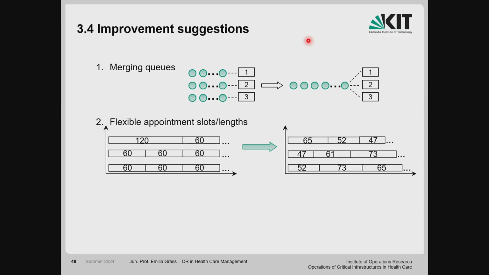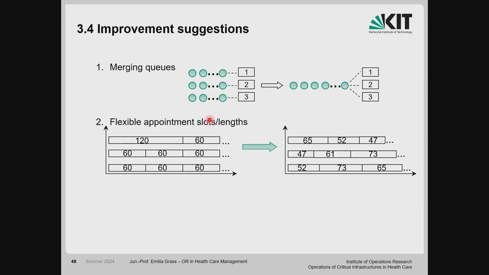Okay. Then what they also suggested was not to have fixed slots of 60 or 120 minutes, but rather flexible time lengths based on the patient characteristics. So it doesn't have to be 47 minutes, it can be 40, 50, in 10 minute time slots, that's fine.